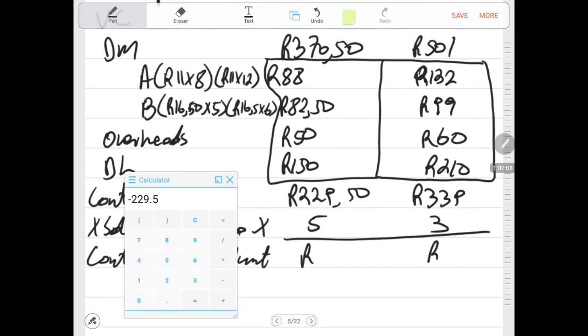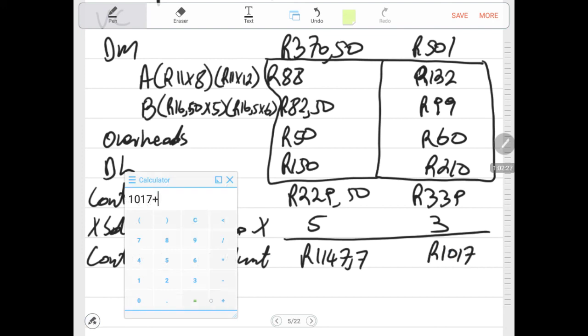Contribution mix per unit will be by 5. It will be 1,147.70, and 339 by 3, we get 1,017 rand.